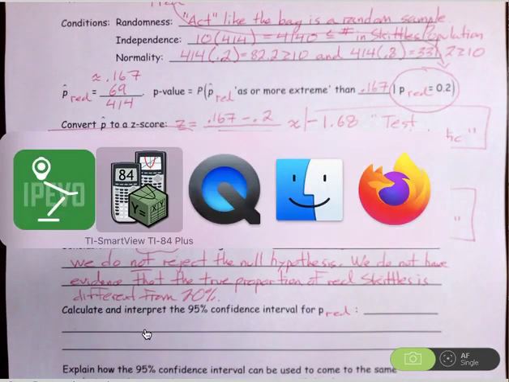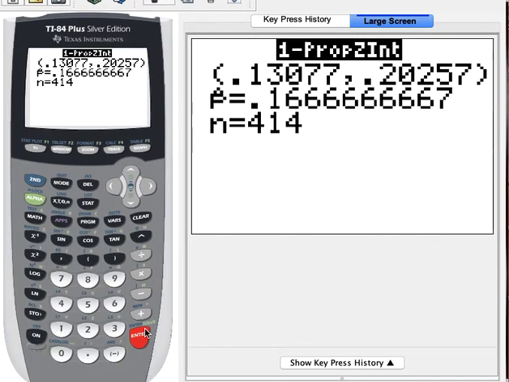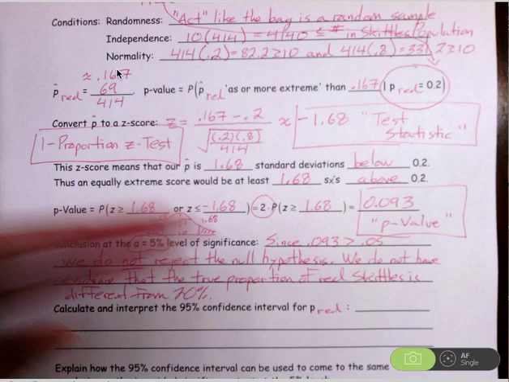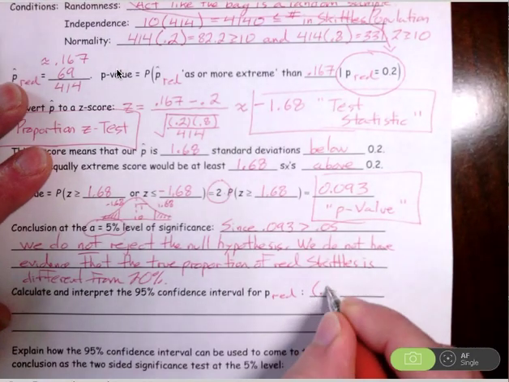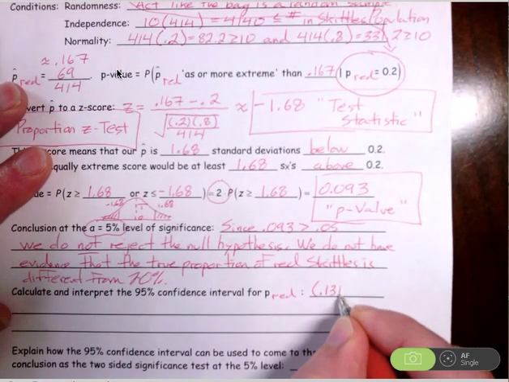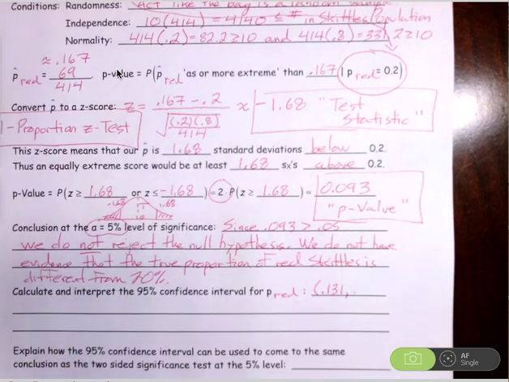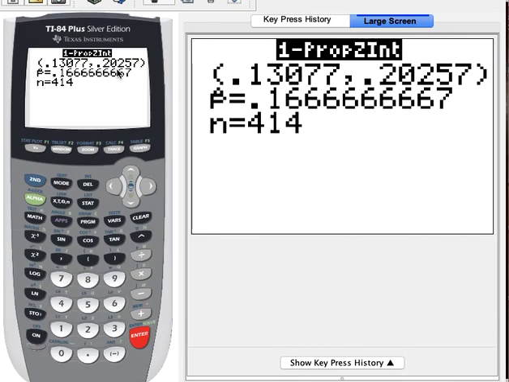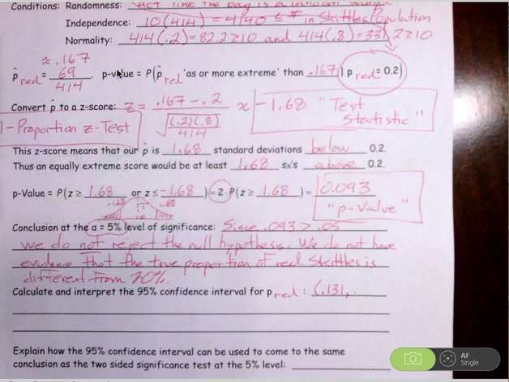So the confidence interval that you get here is 0.131 and 0.203. So I'm going to write down that lower boundary of 0.131, and then my upper boundary was 0.203.